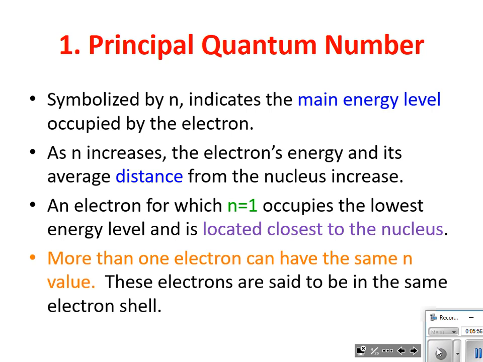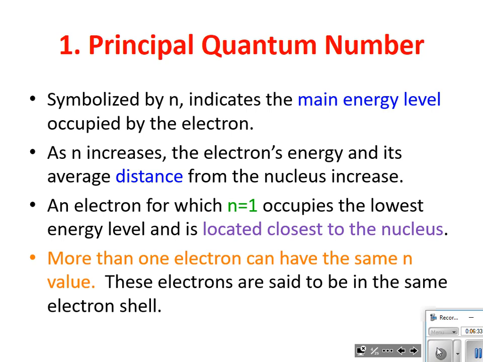As N increases, the electron's energy and its distance from the nucleus also increase. So as N gets bigger, it has more energy and is farther away from the nucleus. An electron for which N equals 1 occupies the lowest energy level and is closest to the nucleus.